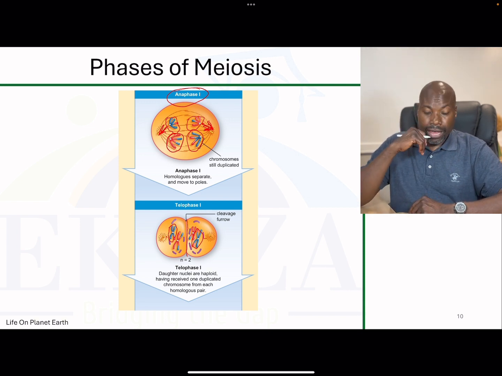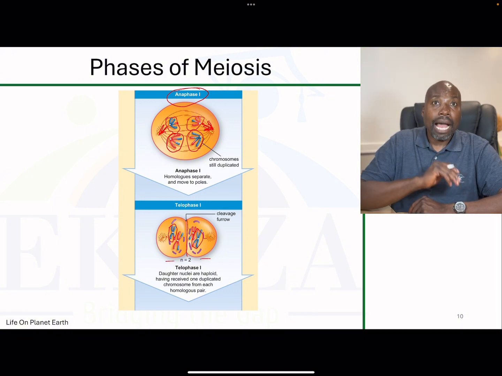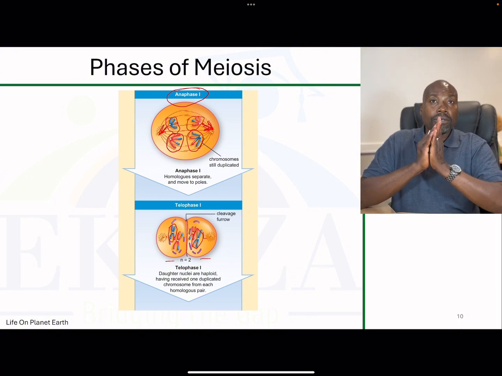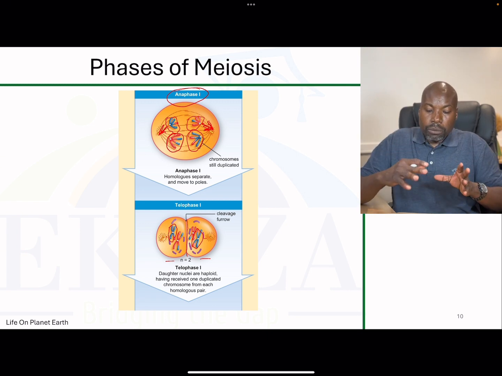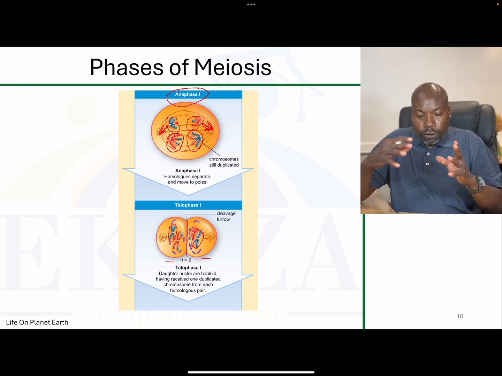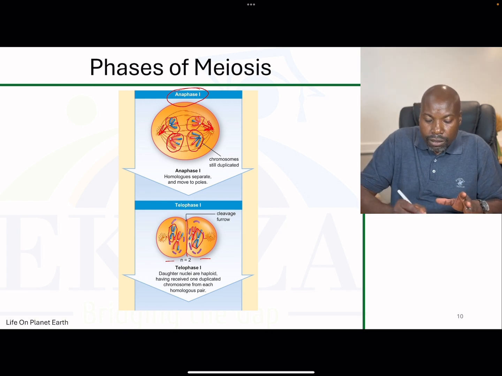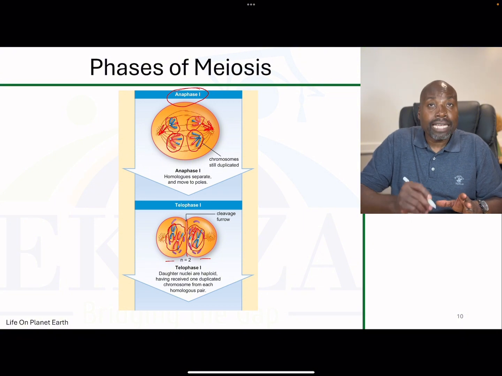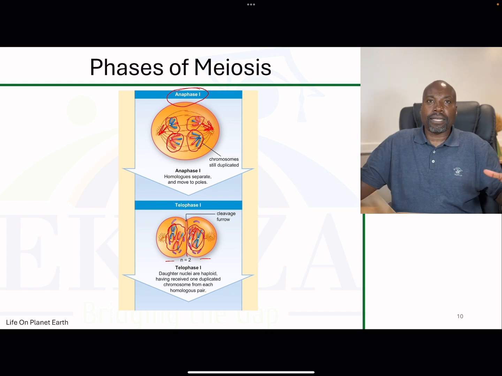As a consequence of that, each of these daughter cells is haploid, right? Now, just like in mitosis, the nucleus is going to form around this set of chromosomes, so that you have two new nuclei forming, and two daughter cells that are going to be completely separated, right?